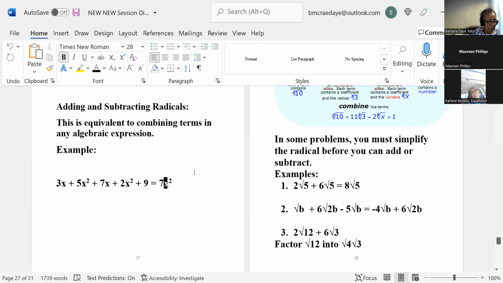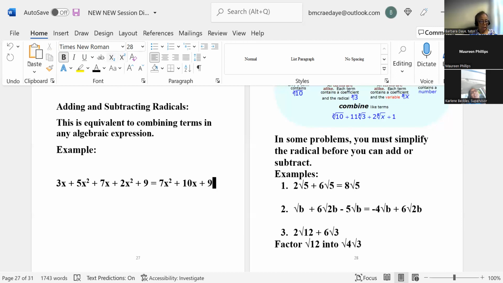And what else would you have? Any other terms that you can combine? 3x and 7x, and what does that give you? 10x. Very good, Maureen. And the last one is a constant, and that would just be 9, because we only have the one.